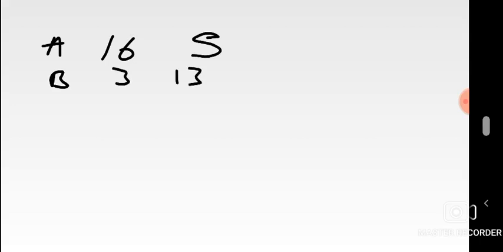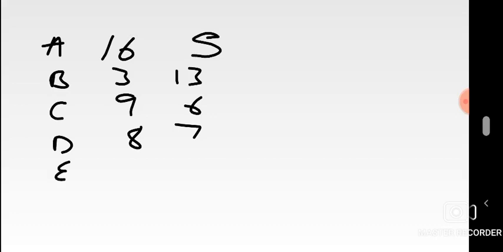Remember that we had job A, which had 16 in machine A and 5 in machine B. Then job B, which had 3 and 13. Job C had 9 and 6. D had 8 and 7.